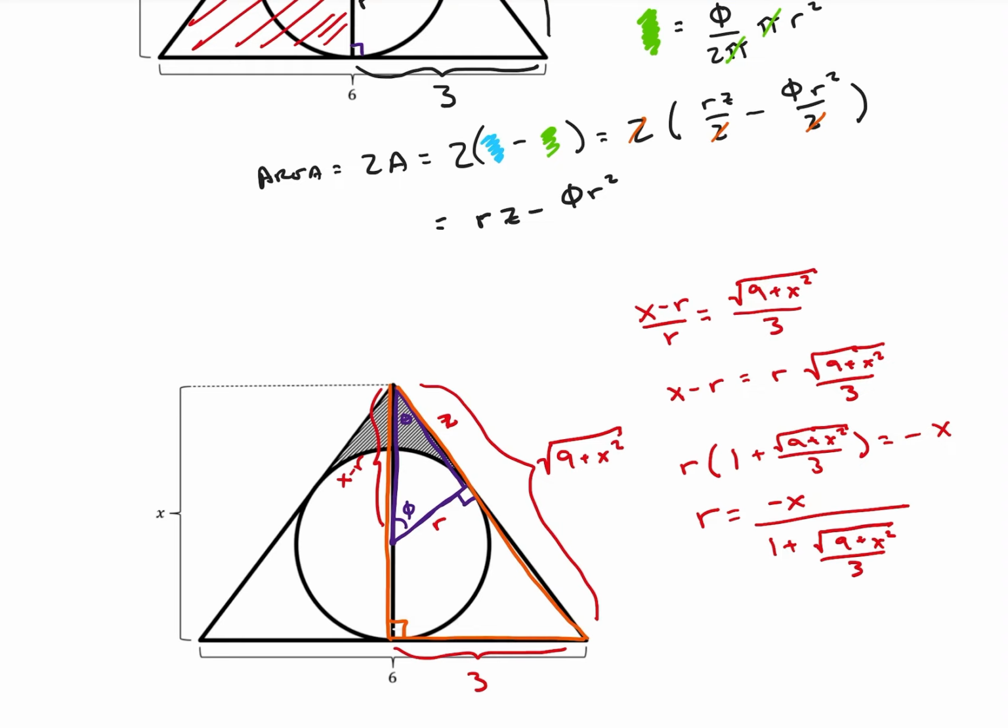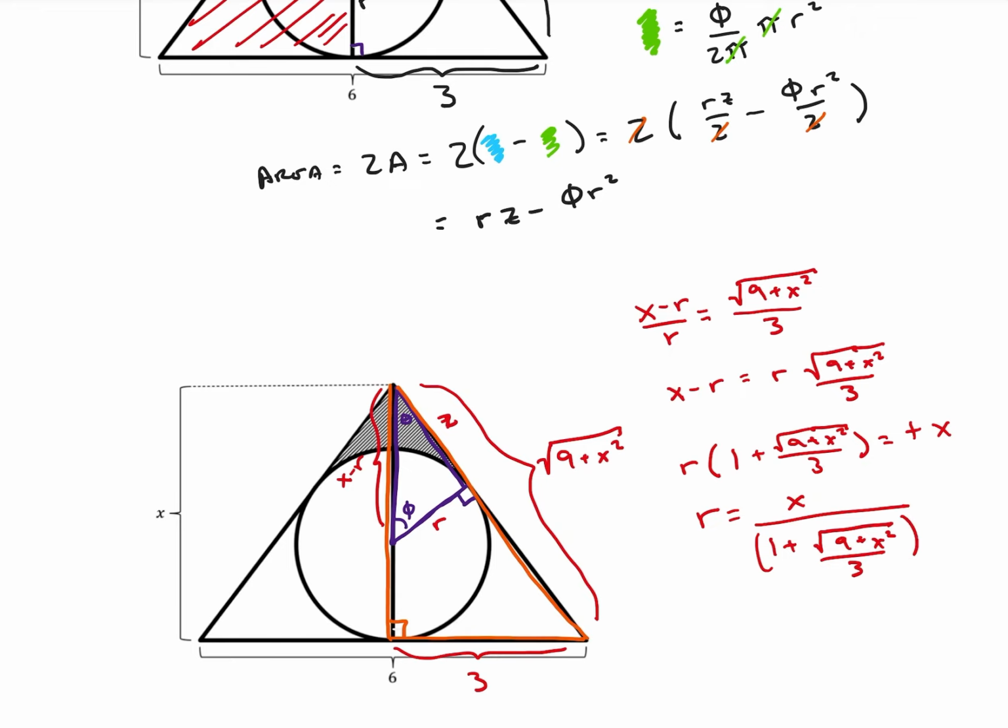Okay. And what we notice here is that we have a slight error in our calculations, because we should have r times square root of 9 plus 3 is equal to positive x. So let's make that positive real quick. So that was a minor error there. Okay. So now that our algebra is straight, we can go ahead and work a little bit further toward our solution. So we're well on our way now.